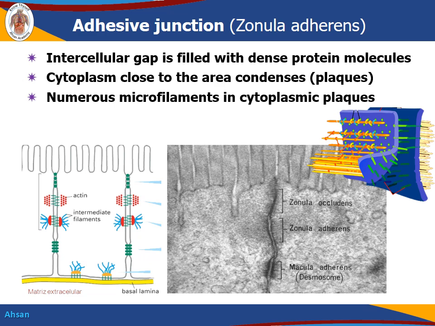Numerous cytoplasmic filaments are observed in this plaque area, as shown in the right upper diagram. In this way, the filaments pass through the membrane and cross the other membrane. In this way, this microfilament anchors the part, and this forms an encircling belt near the apex of the columnar epithelium or other epithelia.